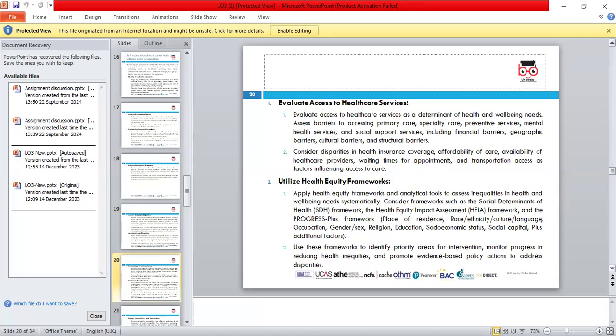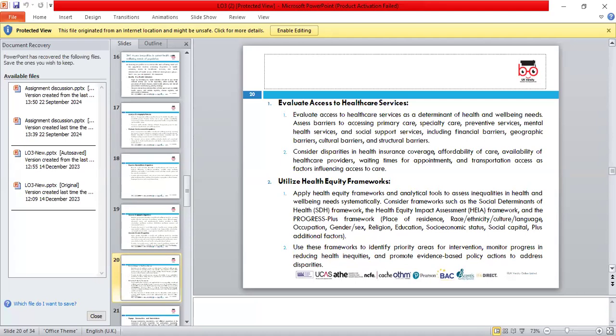Use these frameworks to identify priority areas for intervention, monitor progress in reducing health inequalities, and promote evidence-based policy actions to address those disparities.